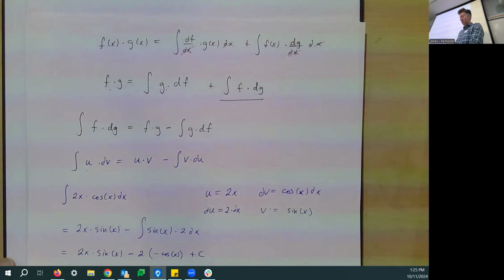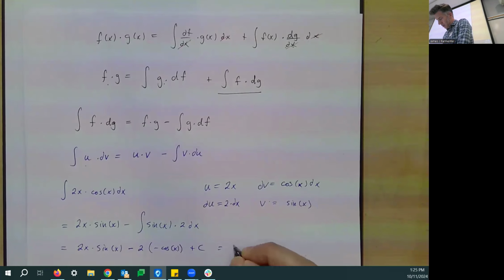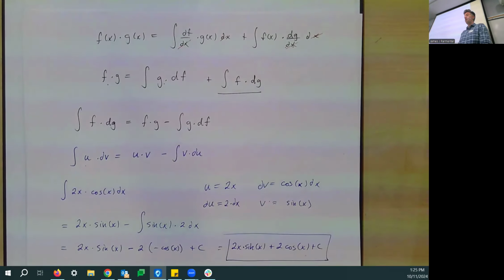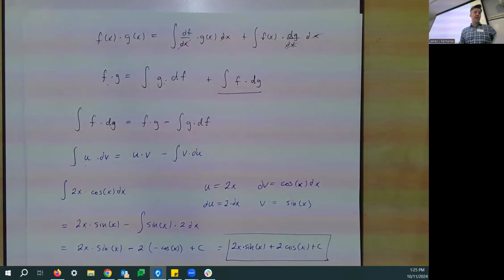And then I would make that look nicer and say that it's 2x times sine of x plus 2 times cosine of x plus c. And that is the antiderivative of 2x times cosine of x. You could check it by taking the derivative, using the product rule for this part, and seeing that things will cancel out and you'll be left with 2x times cosine x. So that is an example of integration by parts.